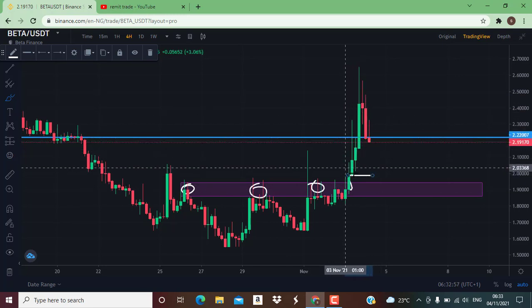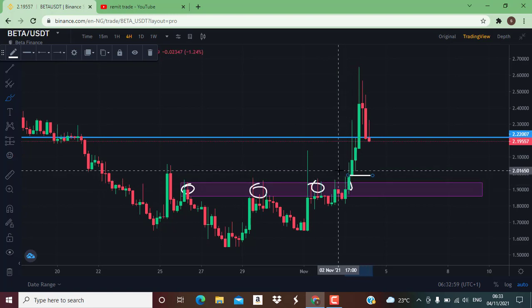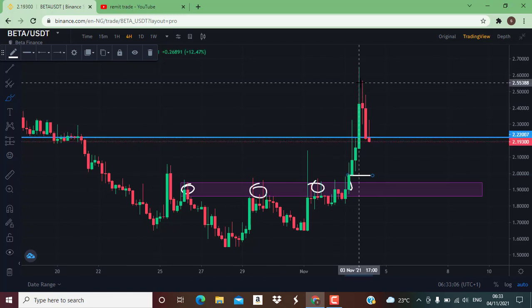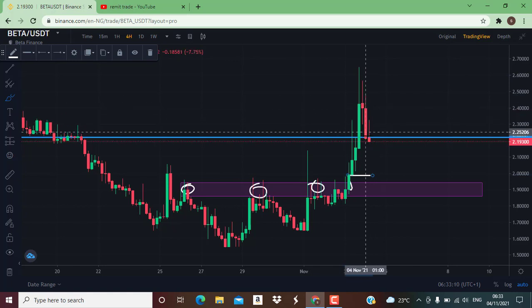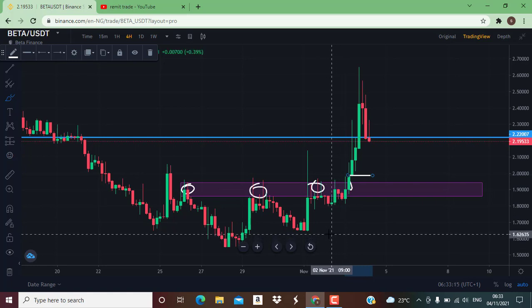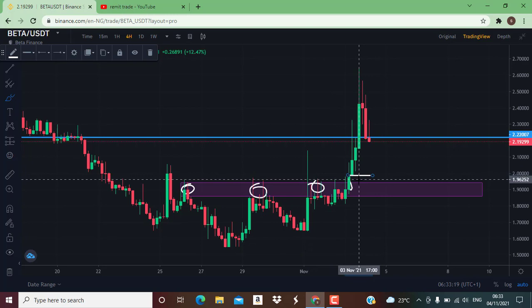So if you took advantage of this analysis yesterday, congratulations. And I also said the target should be here, but the market went far above our target, and right now the market is retracing down. I also said your stop loss should be below this support level right here. So if you took that trade, congratulations.